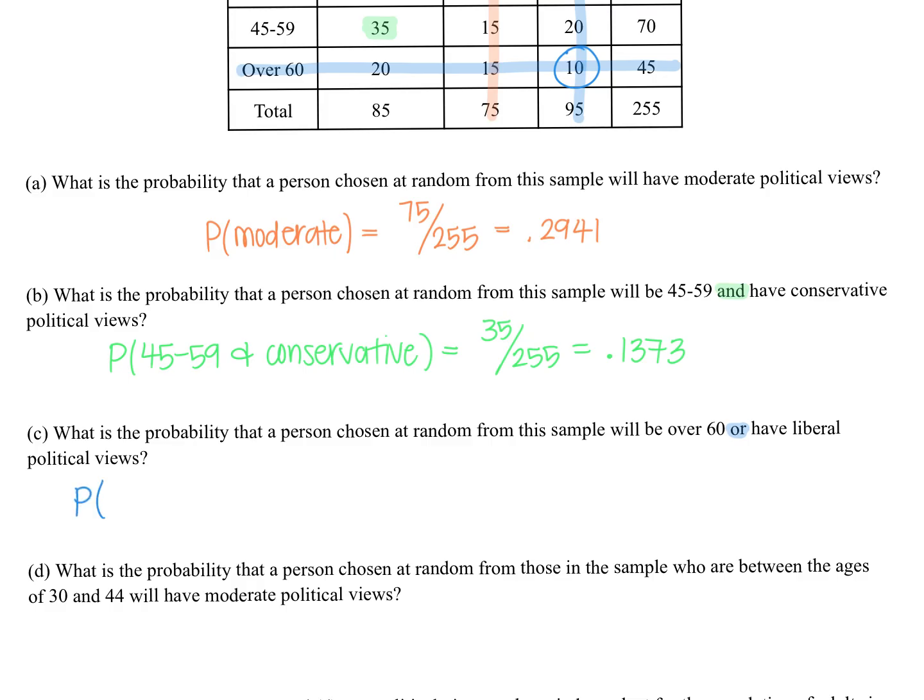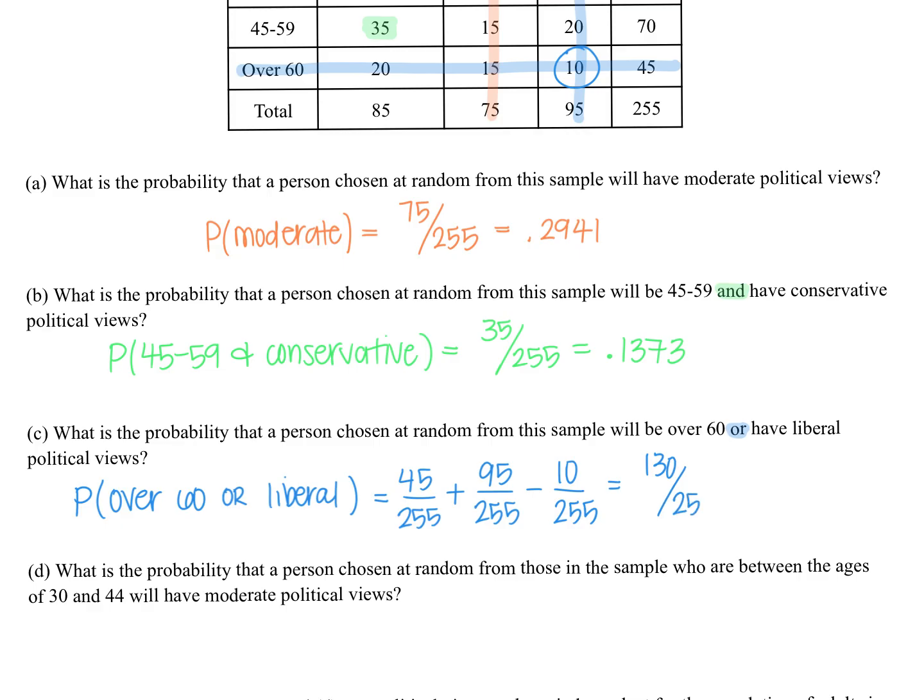So the probability of over 60 or liberal is 45 over 255 plus 95 over 255 minus 10 over 255. And this is a formula given to you on your formula sheet. It's the general addition rule for probability, so it's not one that you have to memorize. So that becomes 130 over 255, which is 0.5098.